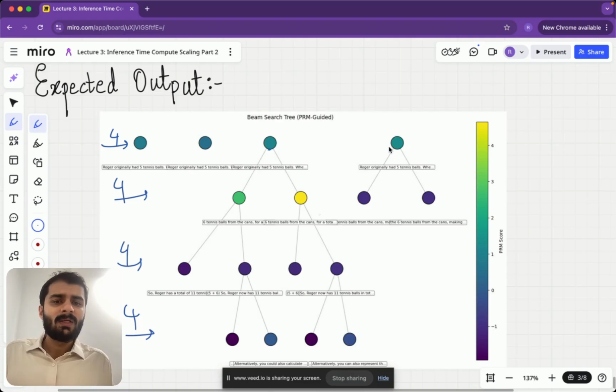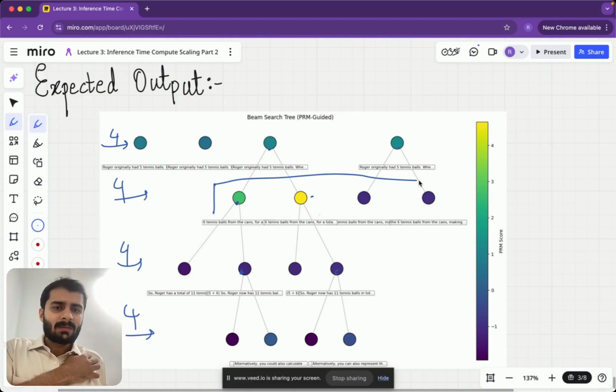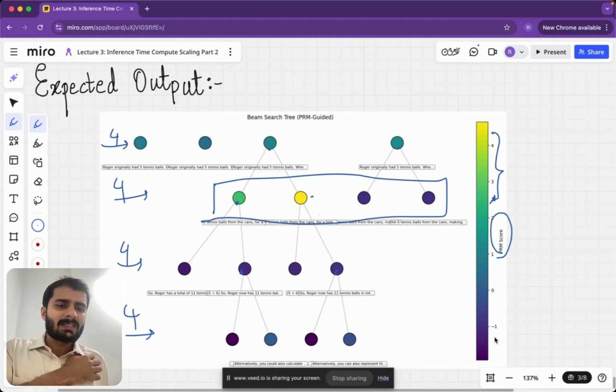So we are choosing two in each: this two, this two, and this two. In each layer, we are choosing the thoughts which have the maximum PRM score. Here you can see that green and yellow lie somewhere here, whereas purple lies somewhere at the bottom. So the model does not choose that. The model only chooses thoughts which have the maximum score.